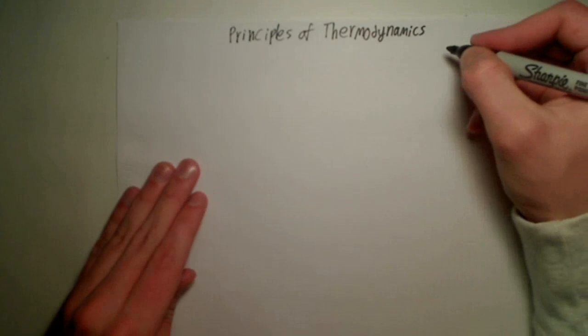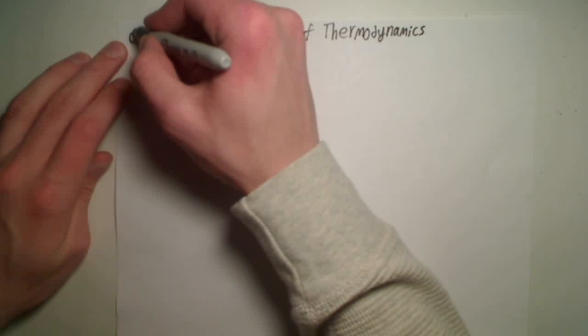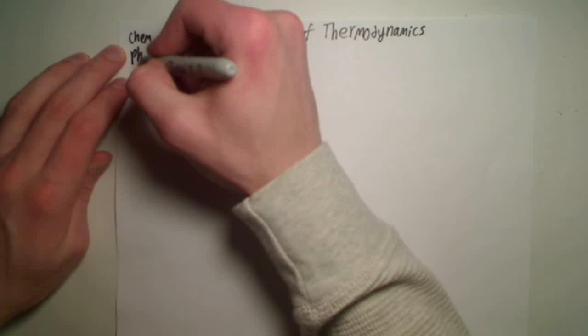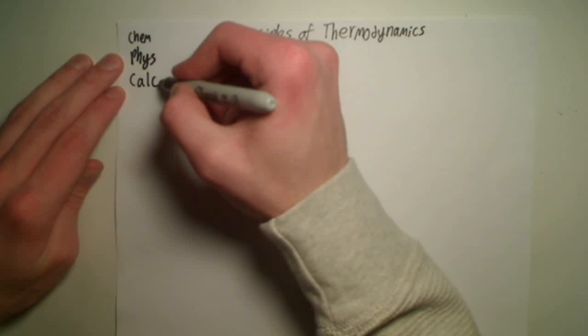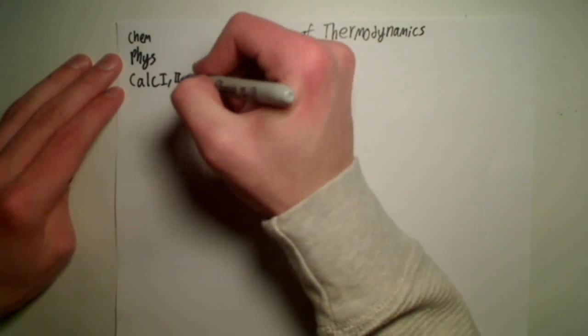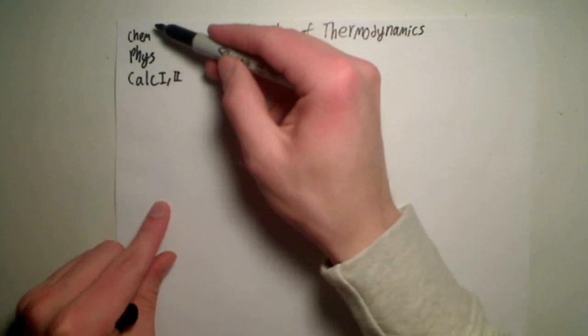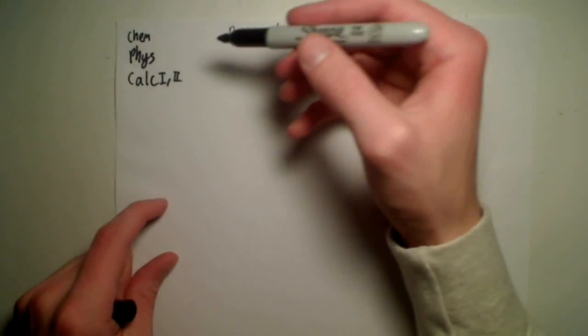So, I just want to tell you right now, I suggest that you've taken a chemistry course, physics course, and hopefully calculus 1 and 2. Chemistry, just because I want you to already have some background in thermodynamics.